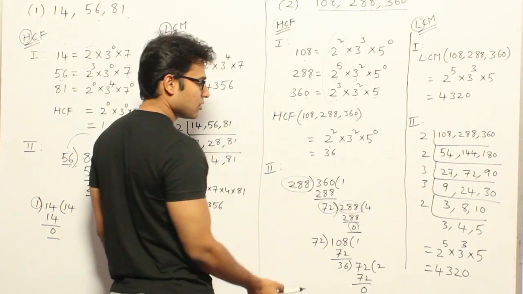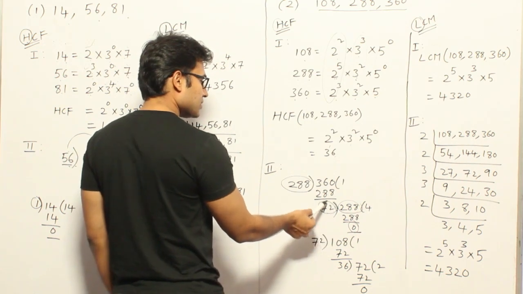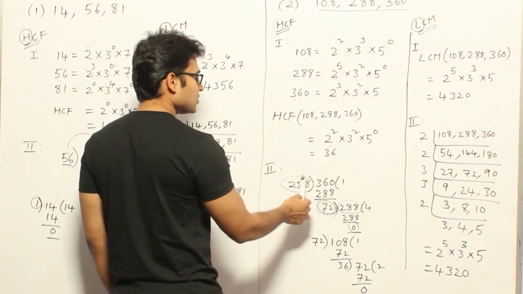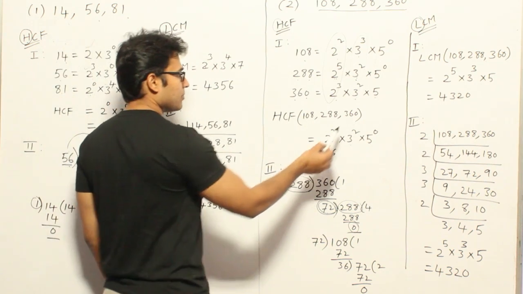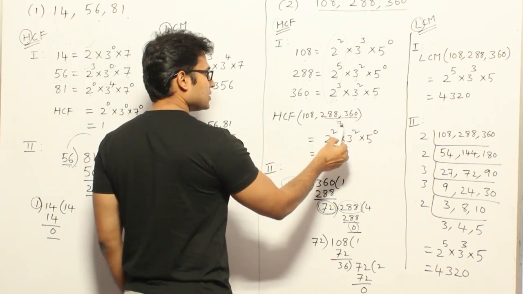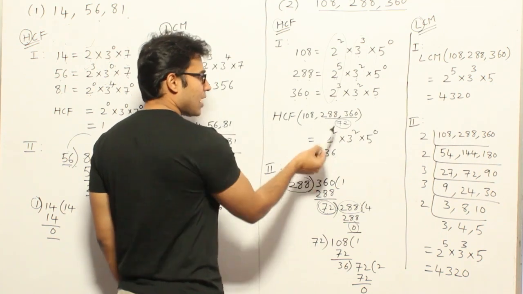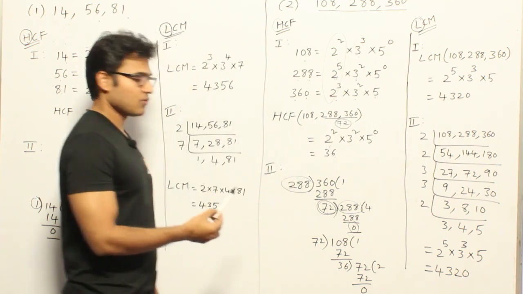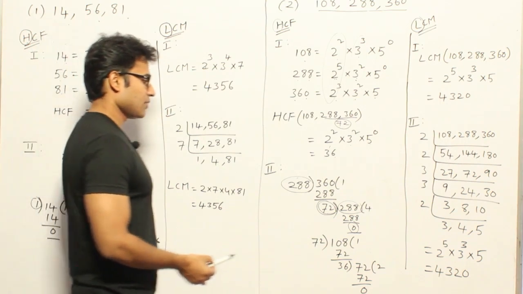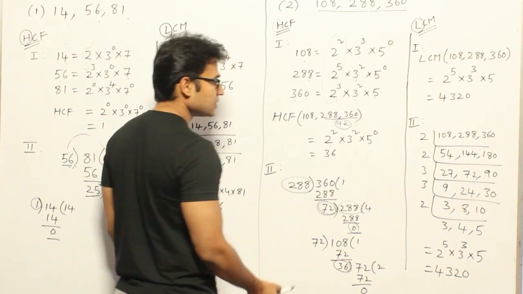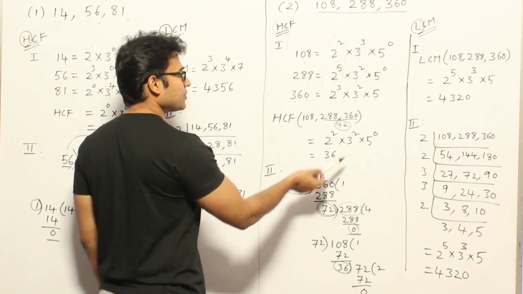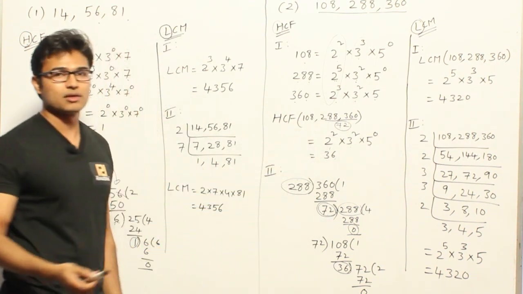So whenever you get a remainder of 0, then you can say that 72 is the GCD of these two numbers. Got it? So for these two numbers, I got that 72 is the GCD, right? Now I'll take this one and this one, 72 and 108, and find out the GCD. Now when I did that, I found out that 36 is the GCD. Therefore 36 will become the GCD for all the three put together.